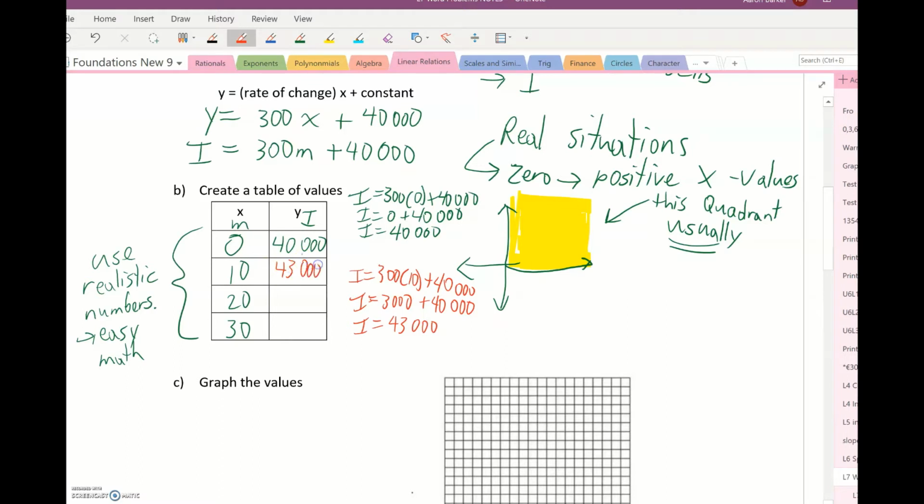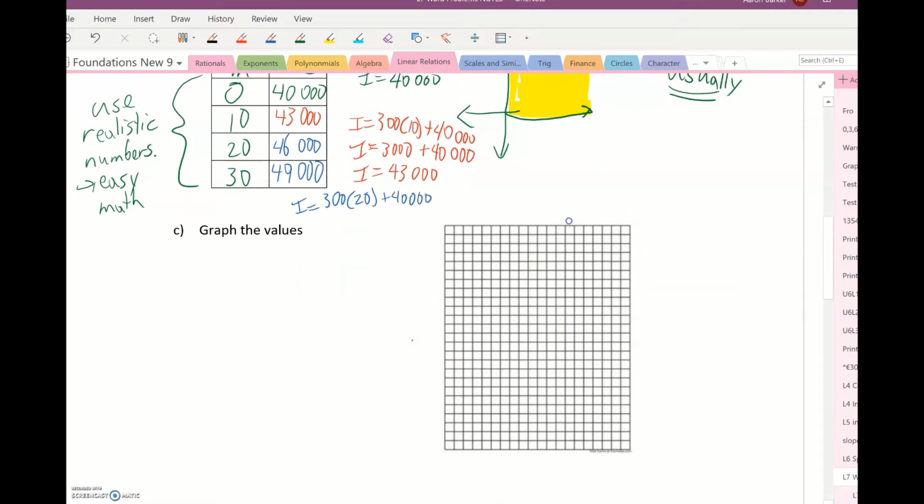Okay, good. And so then you can do 20 as well, substitute and figure that out. I equals 300 times 20 plus 40,000. And you'd probably see, well, that's 46,000. If it's 30, it's 49,000. Okay. There we go. So now that we have those values, we can graph the values.